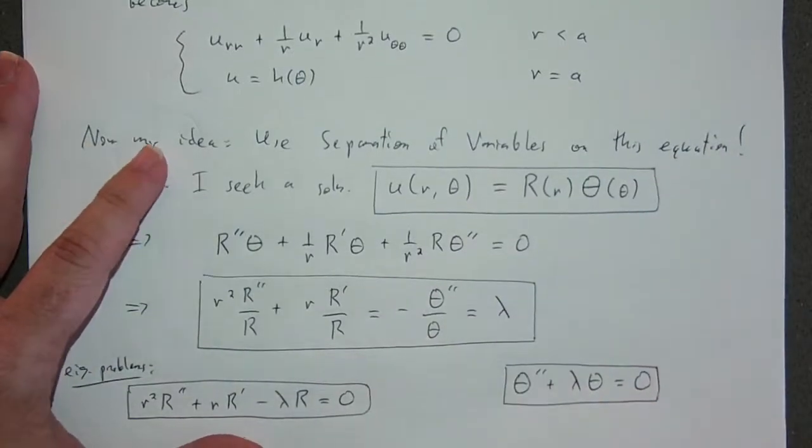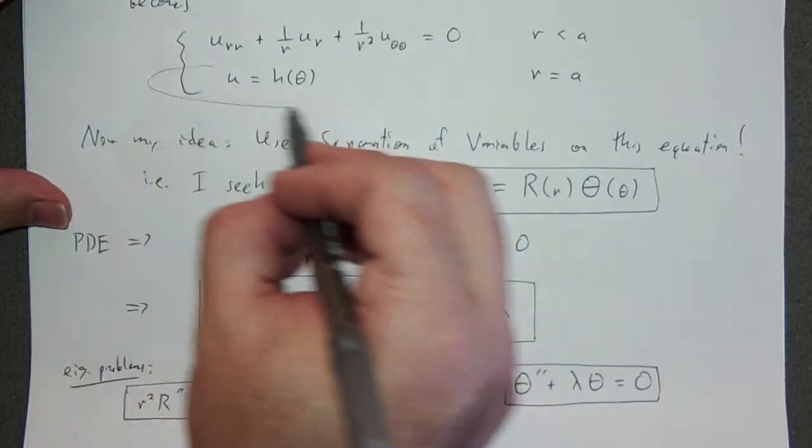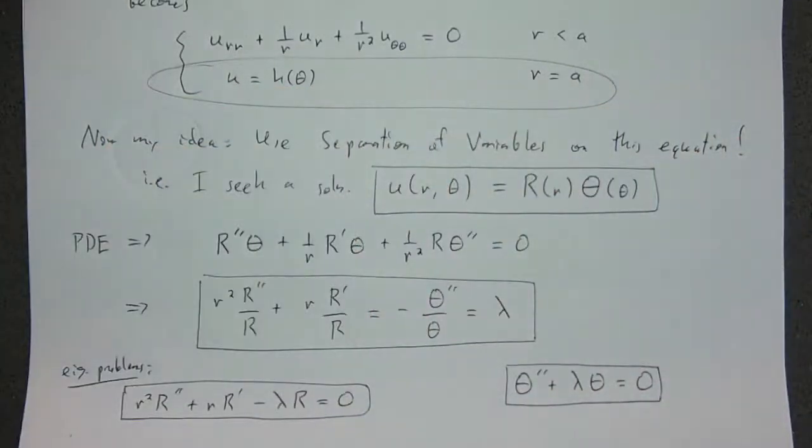But what are my boundary conditions? The problem is that this is not going to help me with these boundary conditions, because this thing needs to play the role of my initial conditions to determine the Fourier series coefficients that I'm going to have to use to make all of this work. So I'm stuck with two eigenvalue problems, but it doesn't seem clear that these have boundary conditions that I'm going to be able to use from this problem statement.